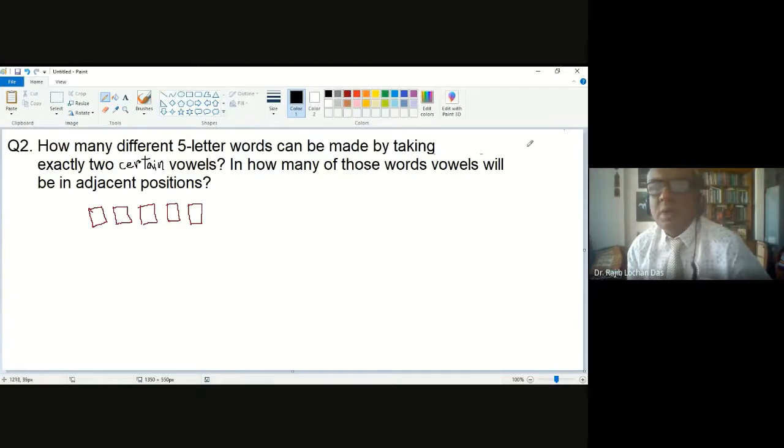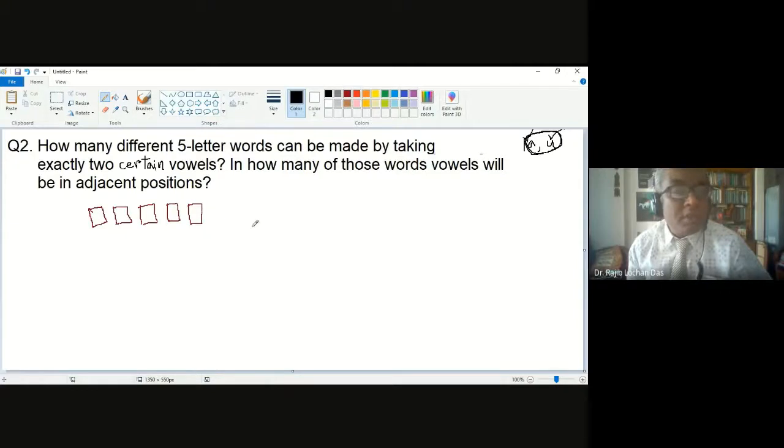Say two certain vowels means A and U. So this is the thing written in the question. So you take A, you take U. It is fine, no problem.